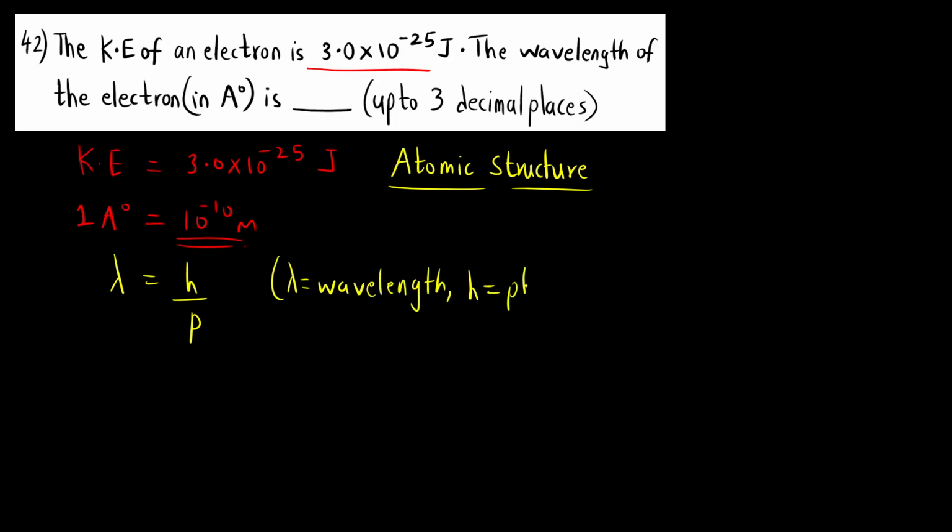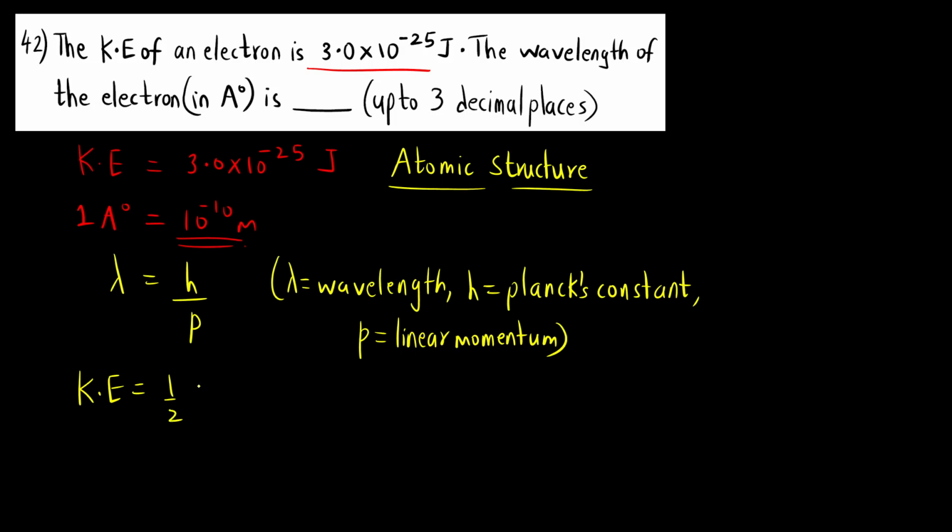H is the Planck's constant. P is the linear momentum. What is the formula for kinetic energy? Kinetic energy is half mv square. What is the formula for linear momentum P? It is mass into velocity.